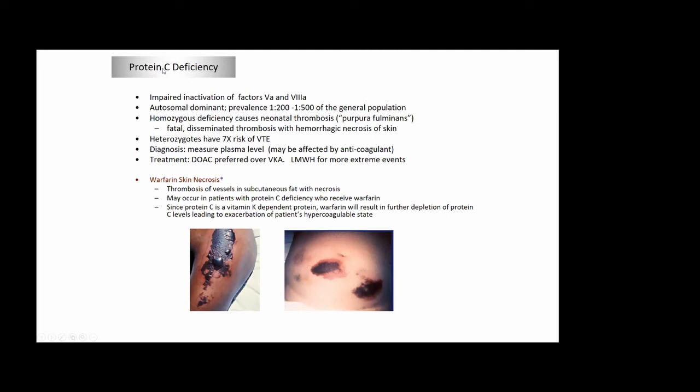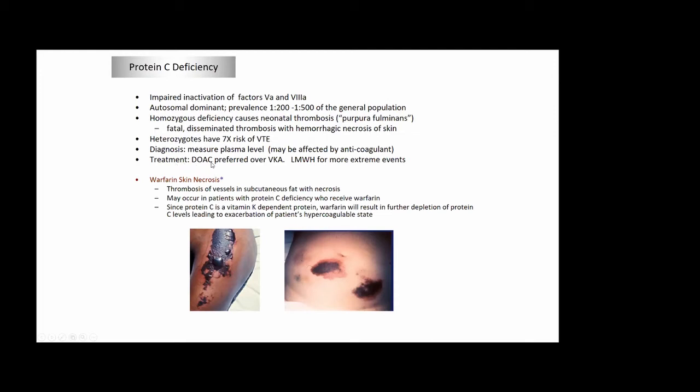And the way you diagnose this is to measure a factor activity level in the plasma. Now, because it's a functional test that may be affected by anticoagulants, you can measure the antigen, but often there's something of a discrepancy between the two. And sometimes the deficiency is functional and not quantitative, so the antigen and the activity will, by definition, be discrepant.